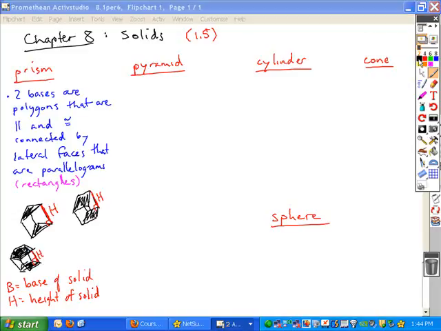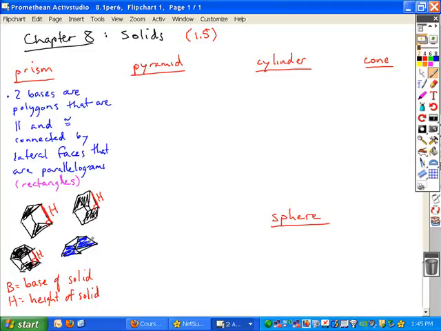And now, would this be an example of a prism? Do you have any parallel and congruent polygons connected by rectangles? Yeah. This shape and this shape are parallel and congruent, and they're connected by rectangles.